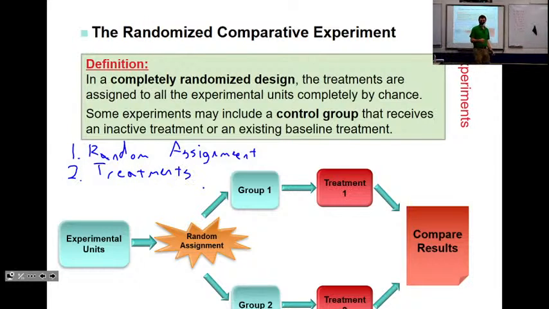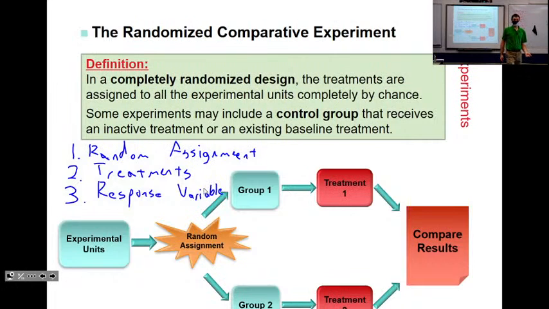We're splitting them into groups, so how are the groups distinguished? What treatment is group A getting, group B getting, group C getting, etc. Thing number 3 is what is your response variable? In other words, what results are we measuring and comparing with each other? Those are the 3 things we need to write out when describing how to design an experiment.